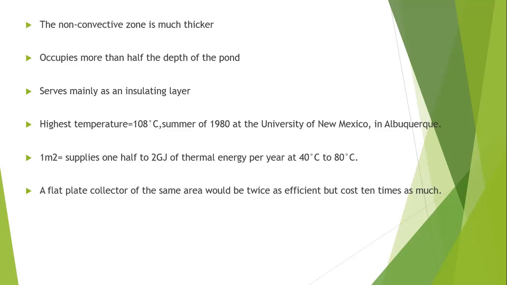Both concentration and temperature increase with depth in it. As we go deeper, concentration and temperature increase. So it serves mainly as an insulating layer and reduces heat loss in the upward direction. This is all about the non-convective zone I am talking about.